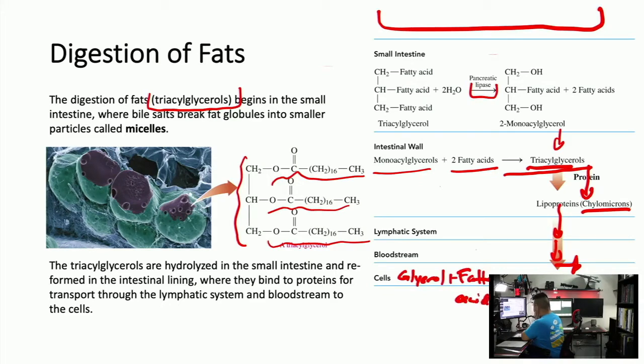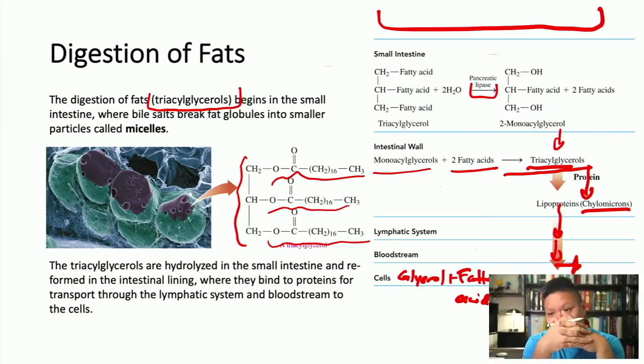Because a triacylglycerol can't go into fatty acid metabolism, or fatty acid breakdown, just like polysaccharides can't go straight to glycolysis, and your body has to break them down into their monosaccharide forms. So same thing here with fatty acids. Before they can go into fatty acid breakdown to produce energy through oxidation, they have to be broken down into their constituent fatty acids in the cell.